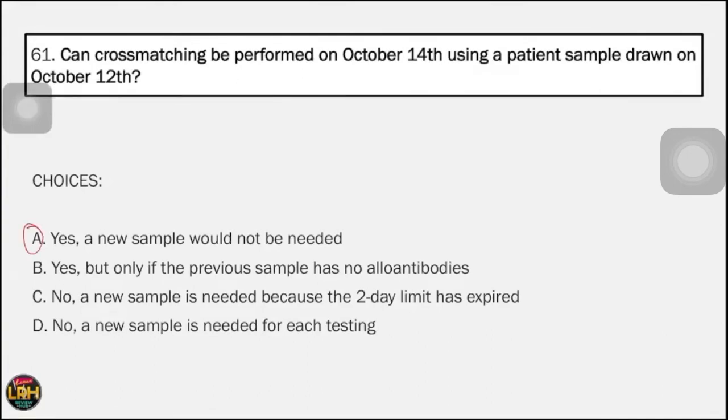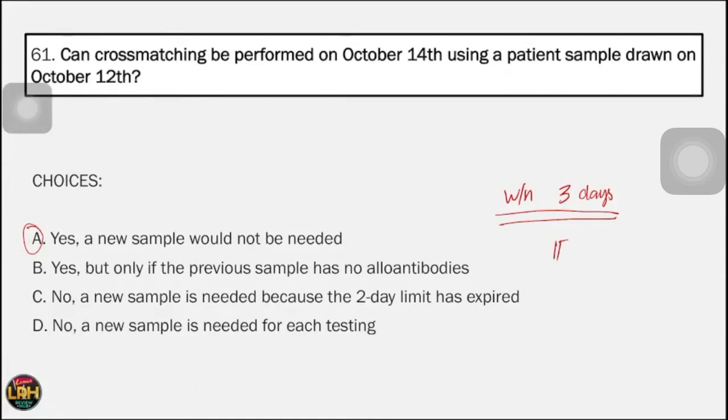Why? Because compatibility testing may be performed on a patient sample within 3 days of the scheduled transfusion. This is contraindicated if the patient is pregnant or was transfused within 3 months.